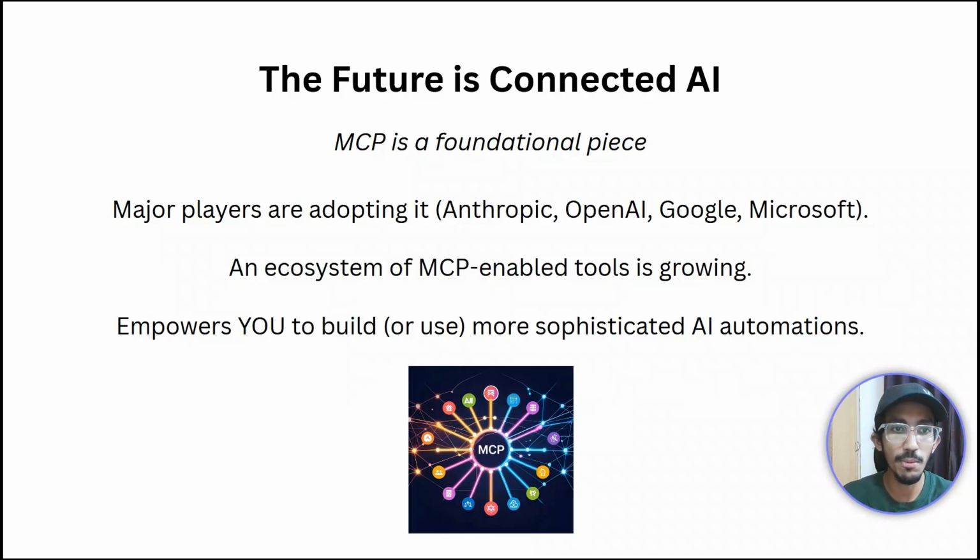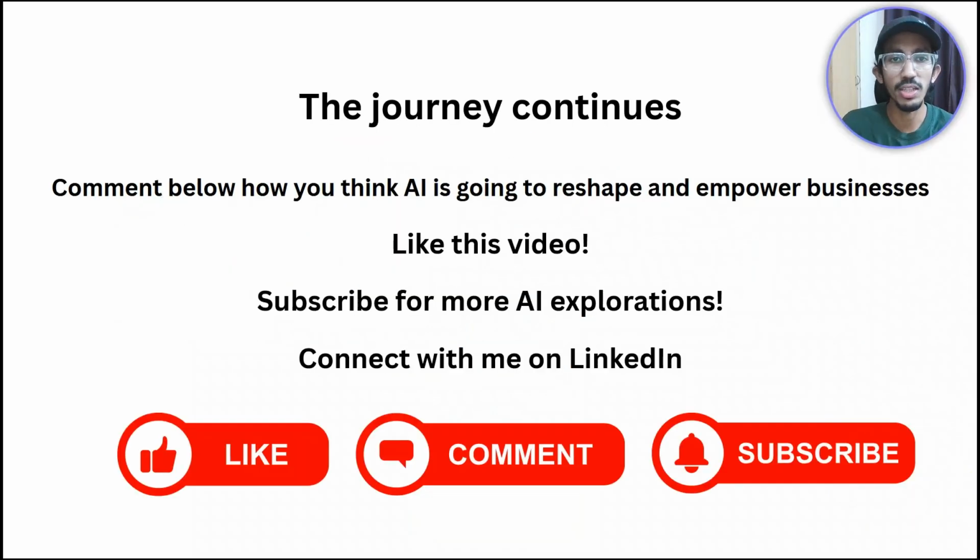So an ecosystem of MCP-enabled tools and platforms is rapidly growing, and what this does is it empowers you, whether you are building these systems or using off-the-shelf AI solutions, to create or leverage far more sophisticated and effective AI automations. So, model context protocol. It's a bit technical, but the implications are massive for making AI more than just a chatbot. It's about enabling AI to become a true digital assistant that can act across your business systems.